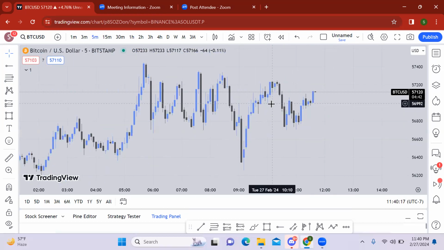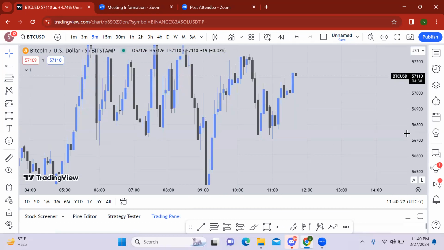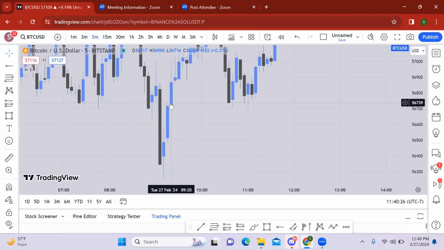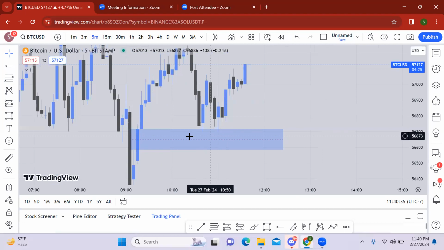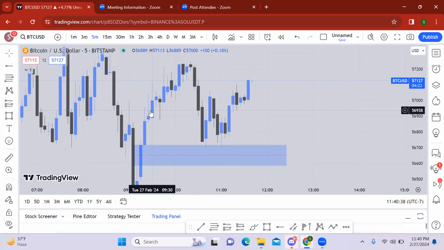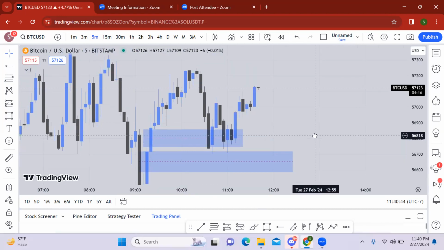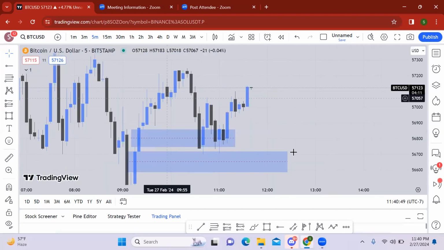There is a structure shift here, a beautiful order block here, and look, one, two, three imbalances, and I am here in this imbalance. One, two, three, this one. So on each and every time frame, you can find these imbalances and they work.